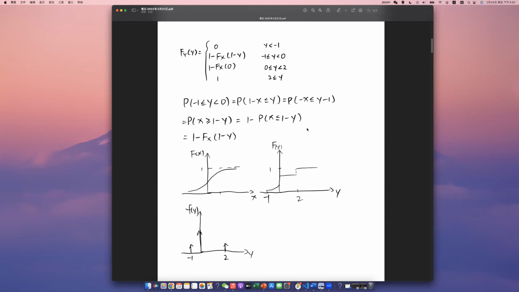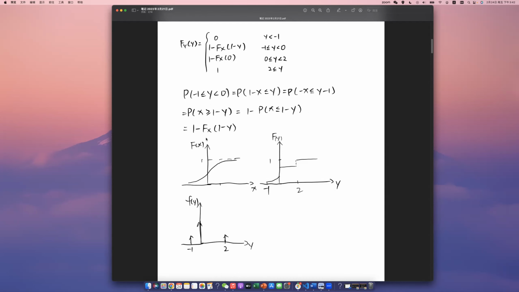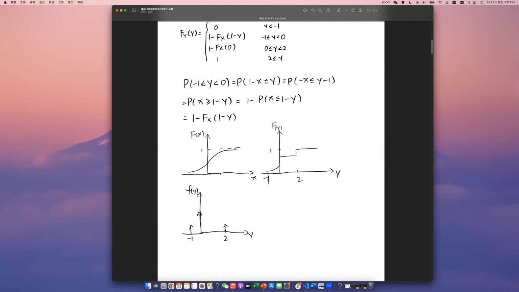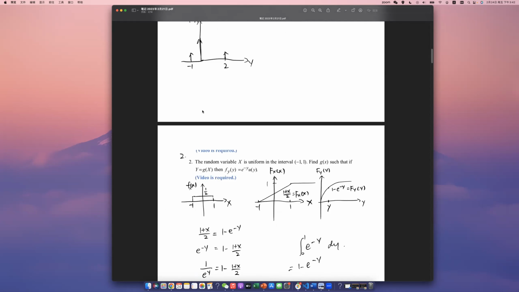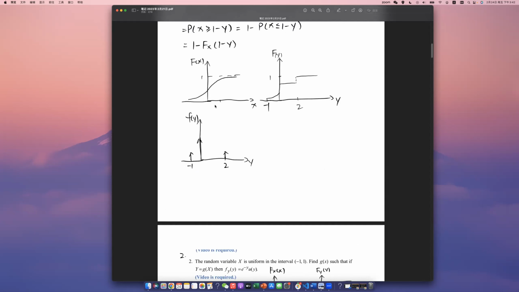And we can use the complement to get that it is equal to 1 minus the probability of x less than 1 minus y, equals 1 minus the distribution function F_X(1 minus y). And we can also see from the graph here. This is part 1.